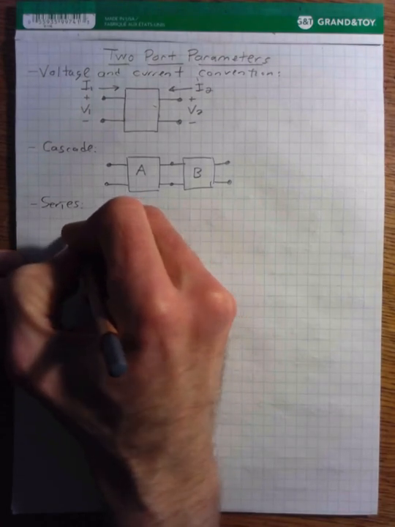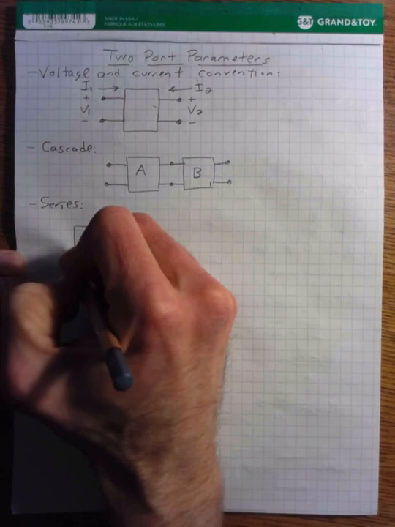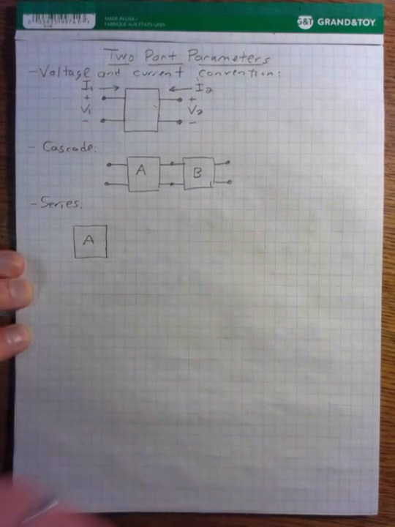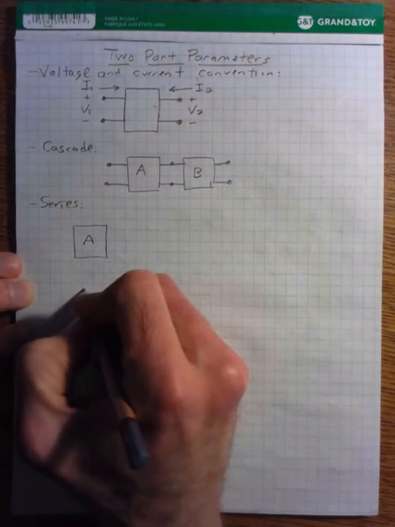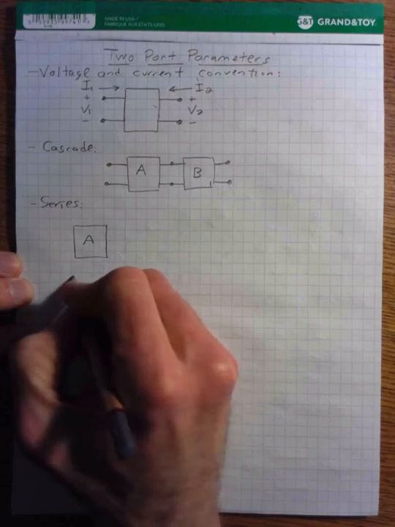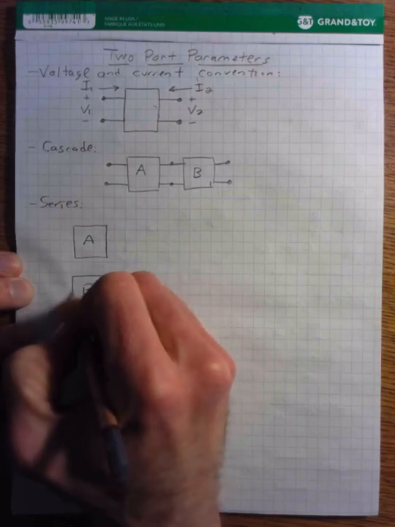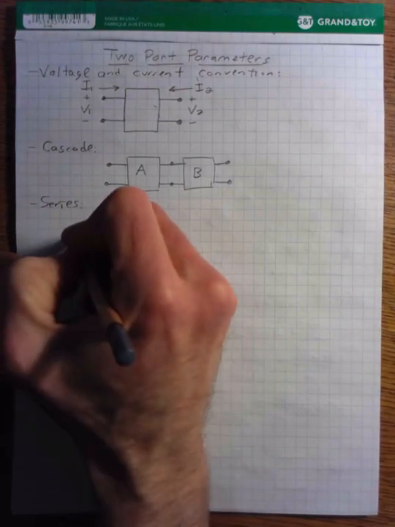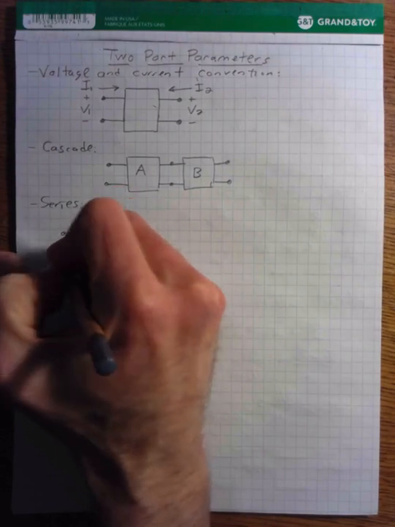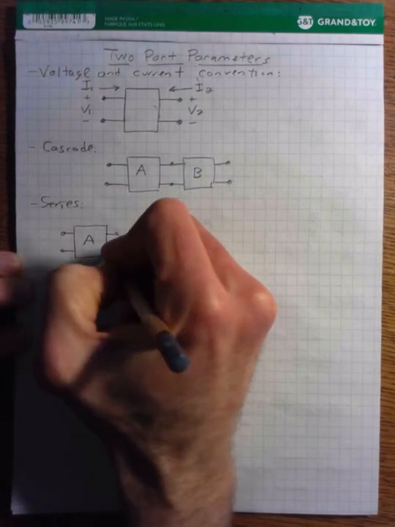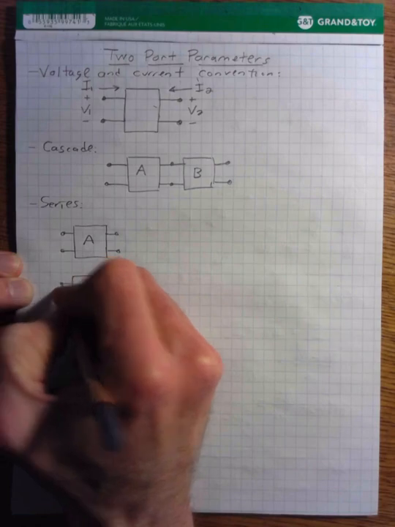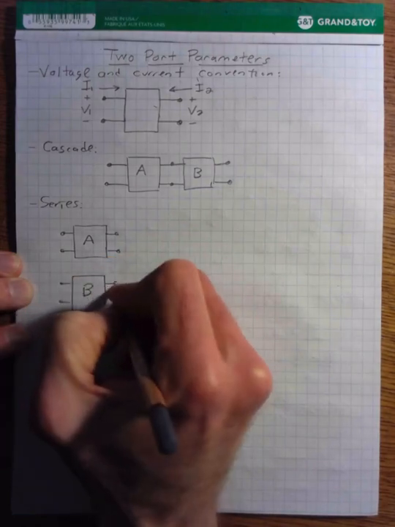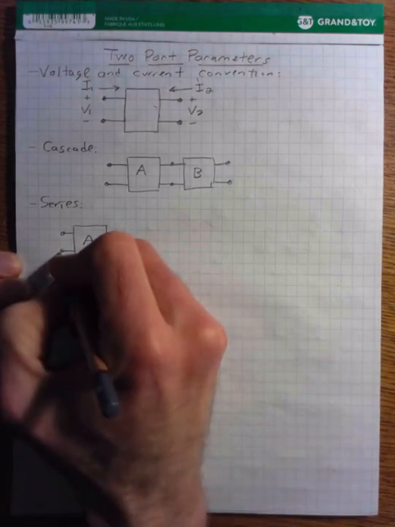We have our two-port system A on the top, our two-port system B on the bottom, and we hook them up like this.